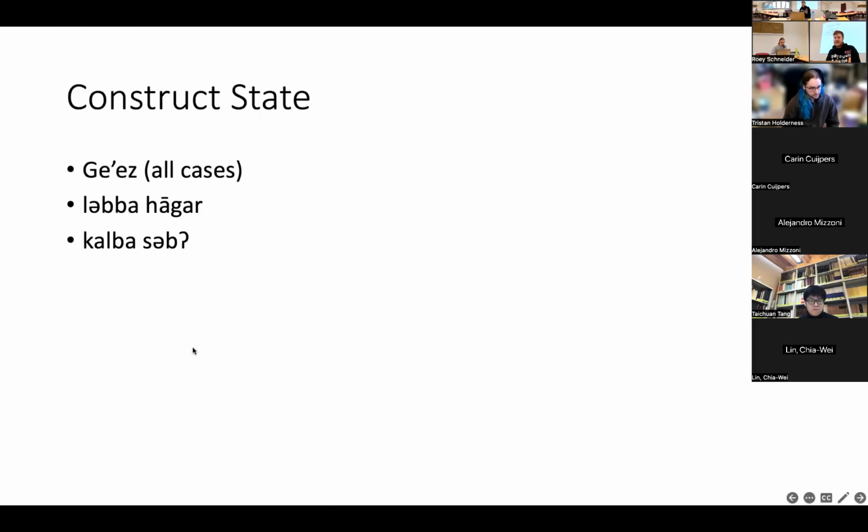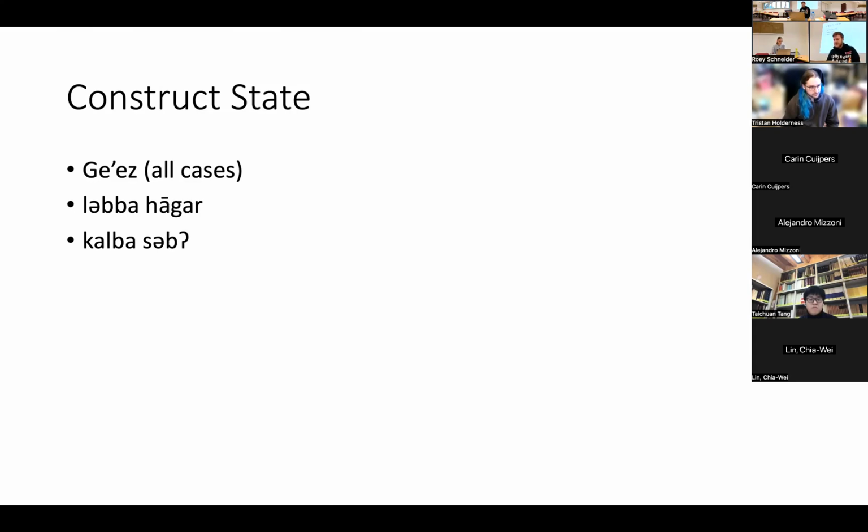Okay. In Ge'ez, it's weird. The construct state is always in the accusative. So the accusative case is half accusative case, half construct state case. For example, the heart of the country would be liba hagar, regardless of where it is in the sentence and what syntactic function it has.